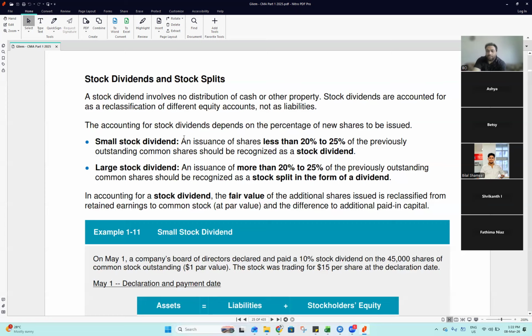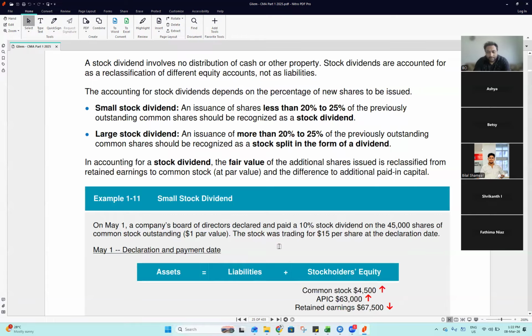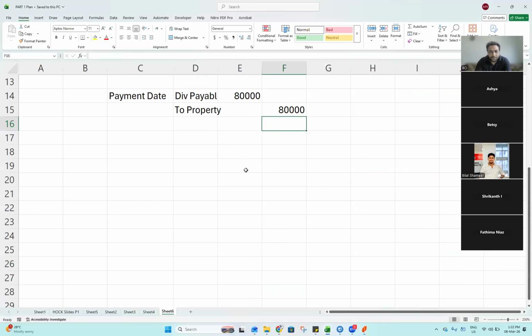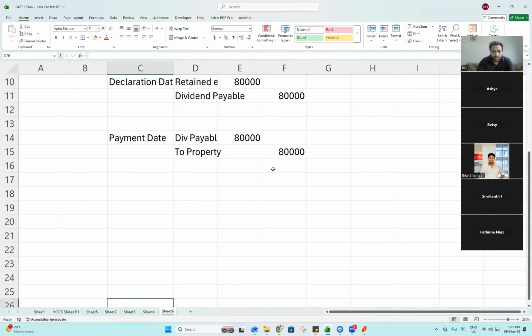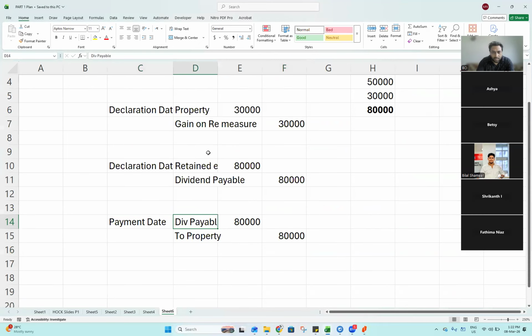Now, what happens here in stock dividend when you declare, normally when we issue shares, what is your entry?